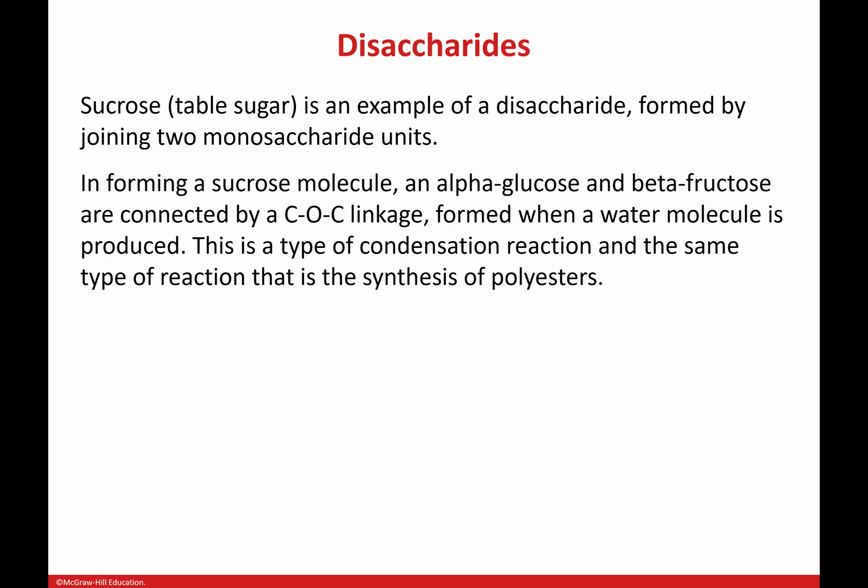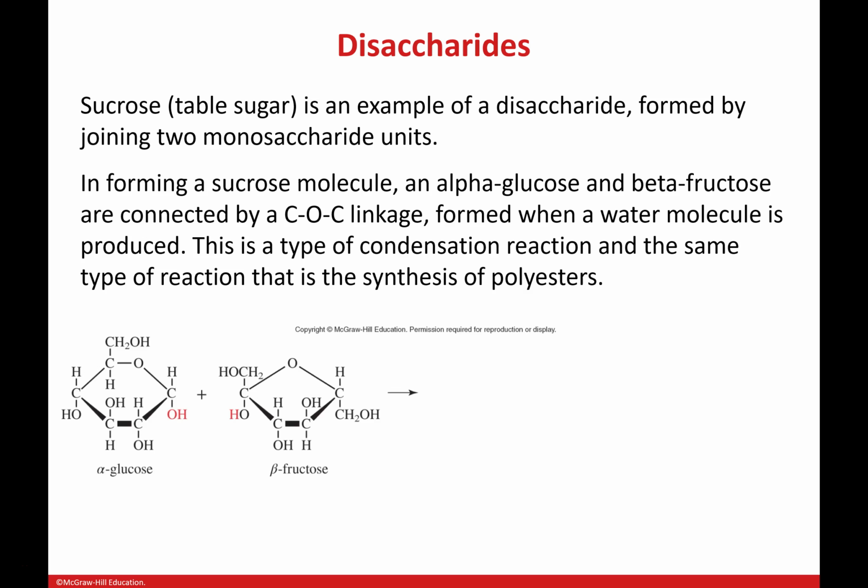And they're connected by COC linkage? Carbon, oxygen, carbon. That's what COC is, carbon, oxygen, carbon linkage. And what happens is what we call a dehydration, so water is removed, or condensation, dehydration.